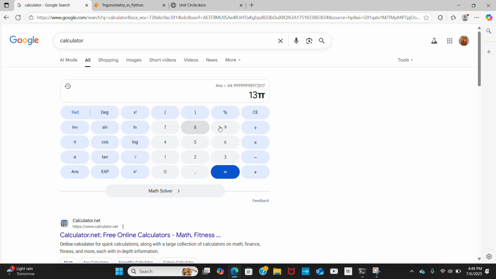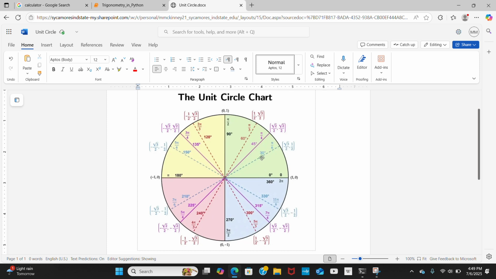13 pi divided by 6 is this amount of radians. Degrees and radians have a certain movement, and so on and so forth.